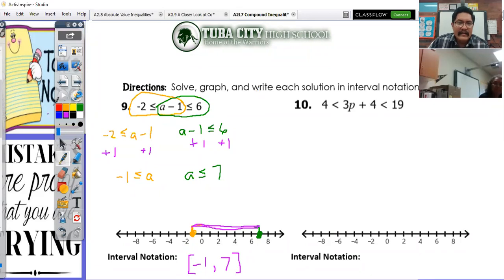But again, the main thing that you gotta take away from that one is to break it into 2 separate equations. And again, there is a way to do it like 3 at a time, and that would be something like -4, -4, -4.